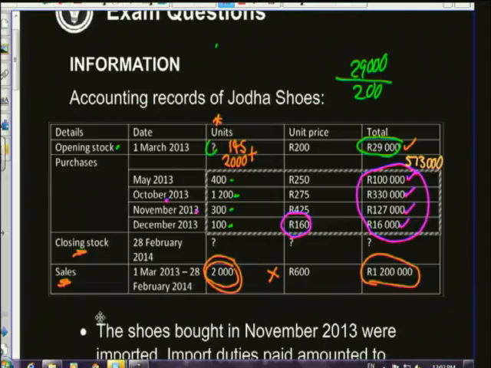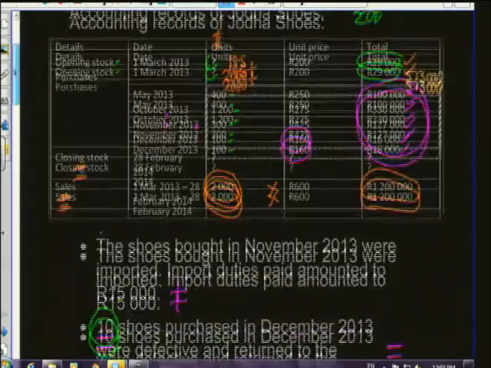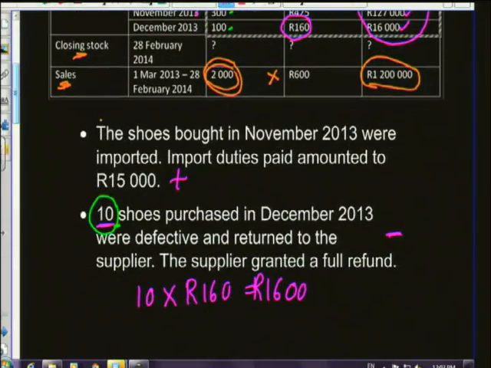But remember, when you transfer this to your trading account, you are transferring net purchases. What do we mean by net purchases? We're going to take our total purchases minus any returns. We did come across returns. So if we go at the bottom, remember we returned 10 pairs of shoes and we calculated our total return was an amount of 1,600.